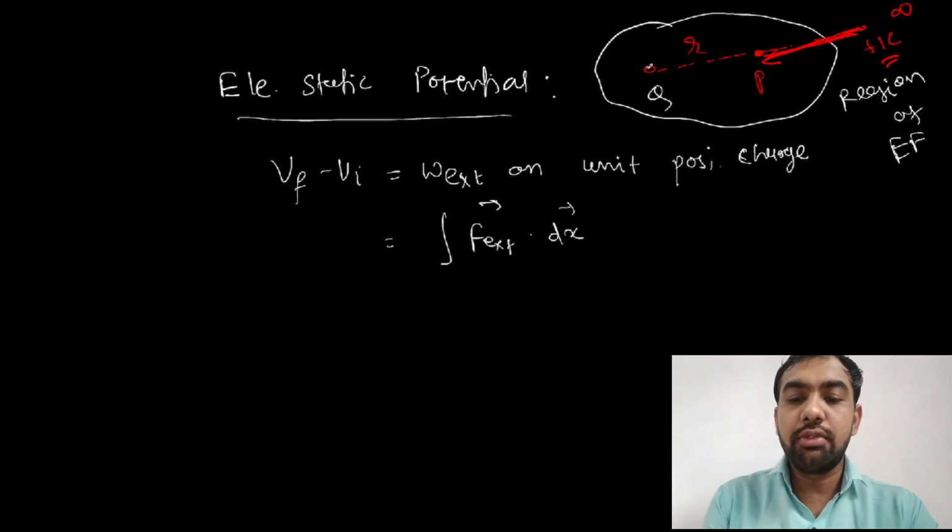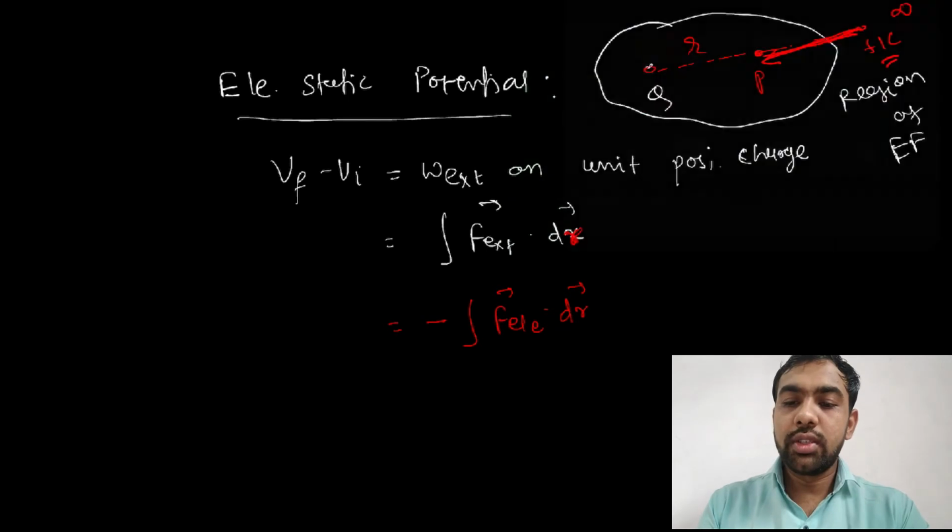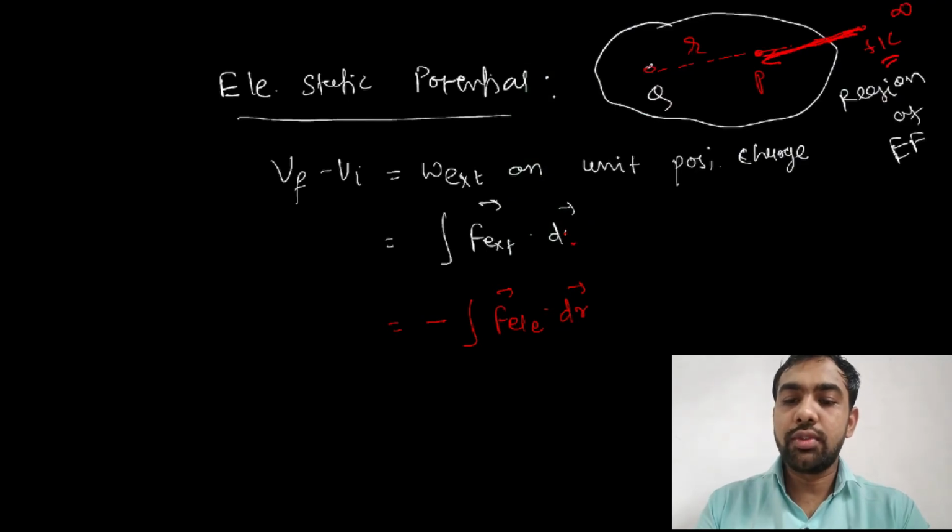So you define the potential this way, or you can also define it as minus integration of F electrical dot dr. Here also write dr. So this is the equation of potential.